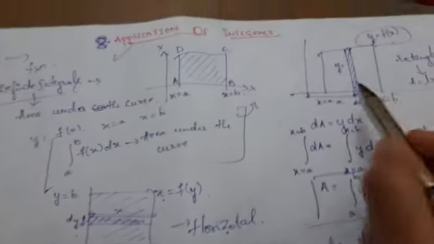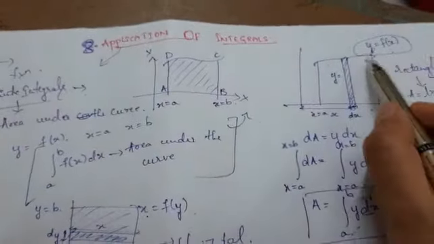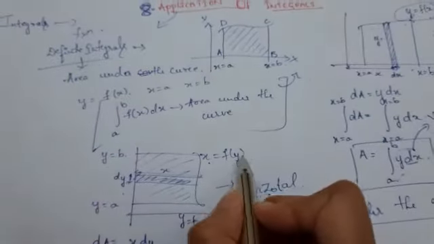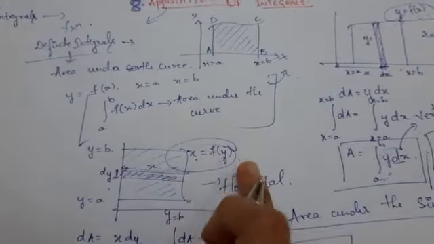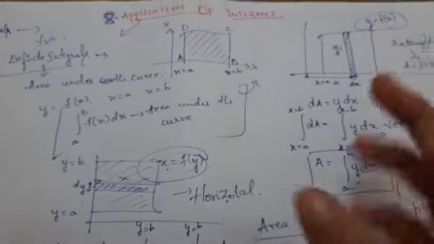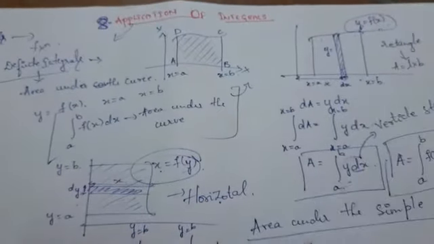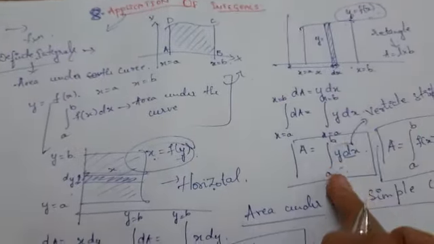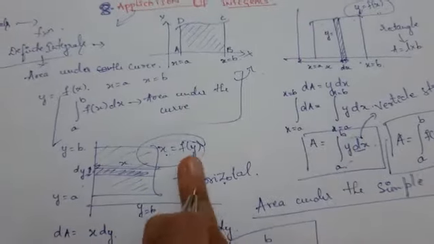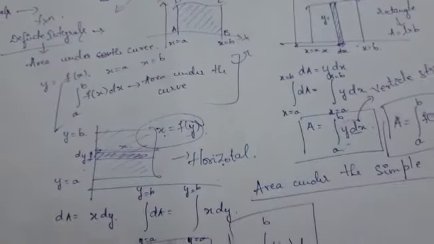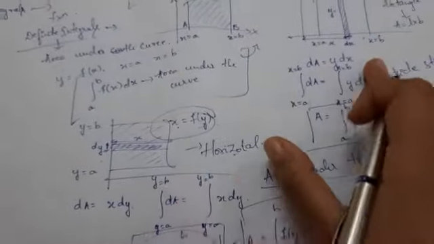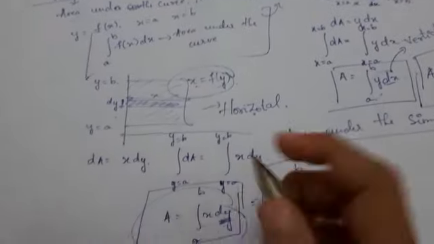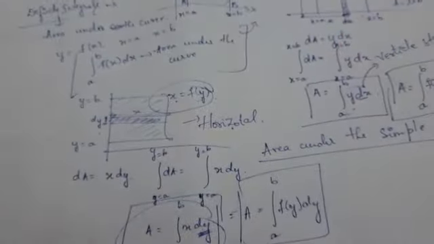Remember one thing, the curve might be in the y is equal to f of x form, or in the x is equal to f of y form. So we need to identify in which form the curve is given, and with respect to that form we are going to find the area of the respective curves. So in both cases we came across how we are going to find the area.